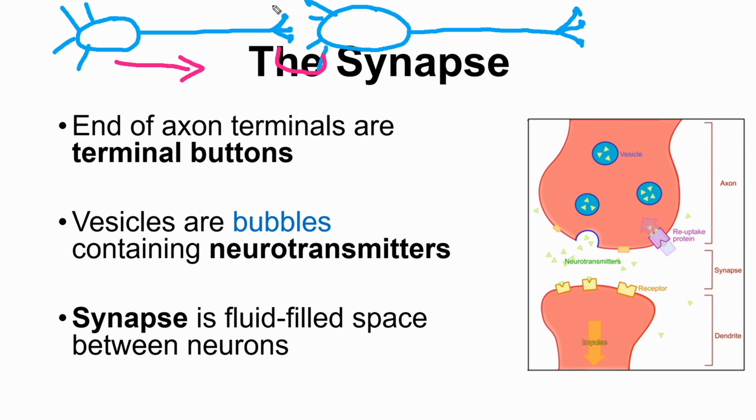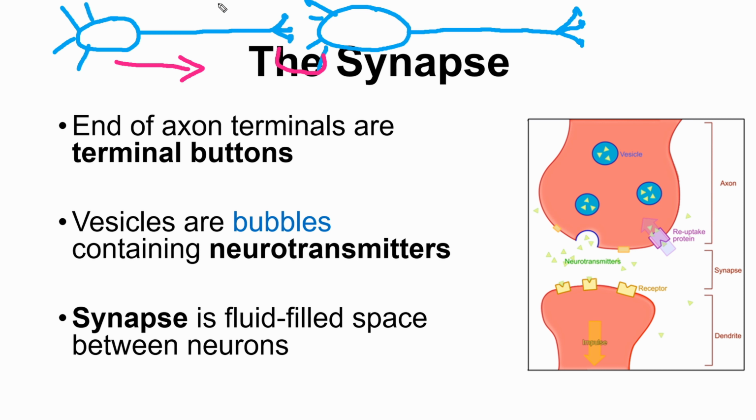The terminal buttons of this axon don't actually touch the dendrites of the next neuron. They come very, very close together. There's a small gap here, and that gap is called the synapse or the synaptic cleft. It's just a fluid-filled space that exists between those neurons.